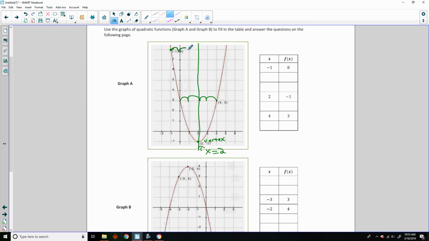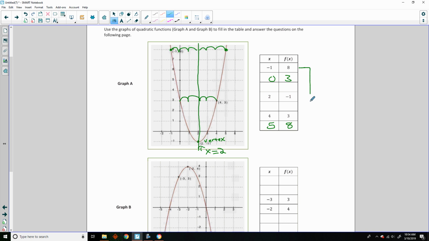And 8 is 1, 2, 3. Therefore, 1, 2, 3. And we're at this point, which is 5, 8. So I'm going to put that in there, 5, 8. We have 4, 3 here. So I go over to this side, and that is 0, 3. So that would probably go here.